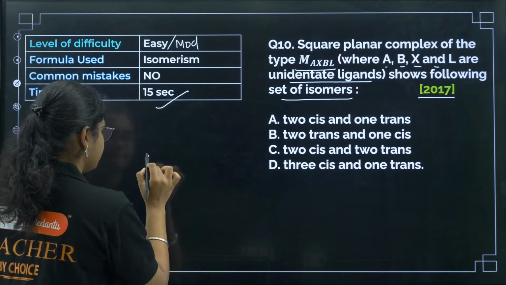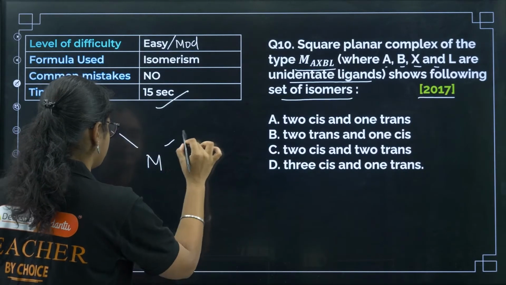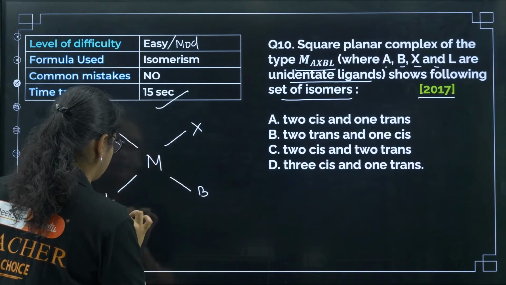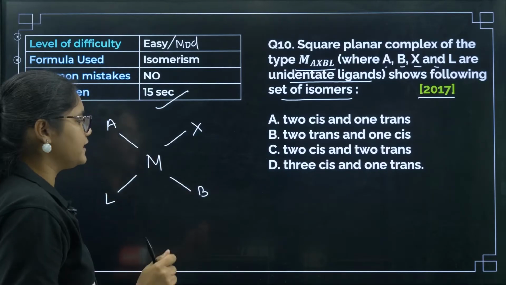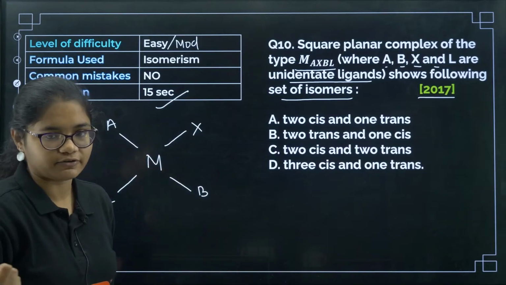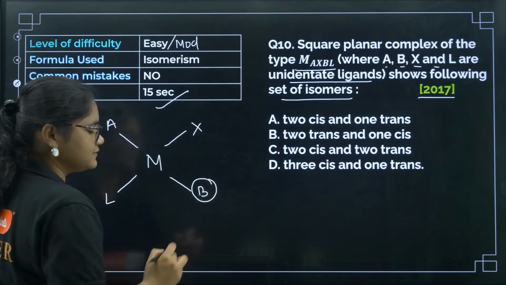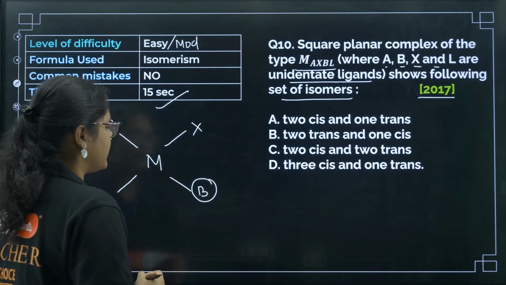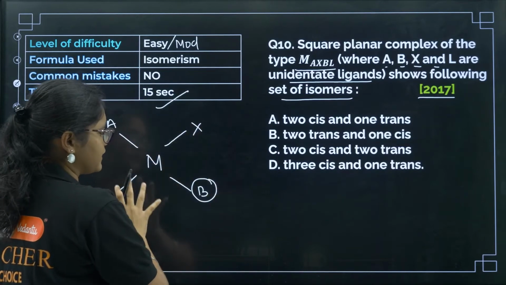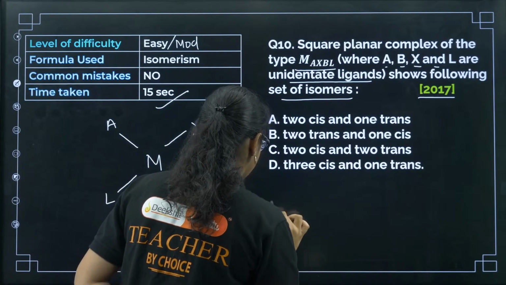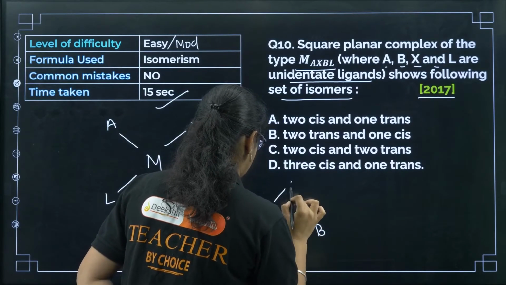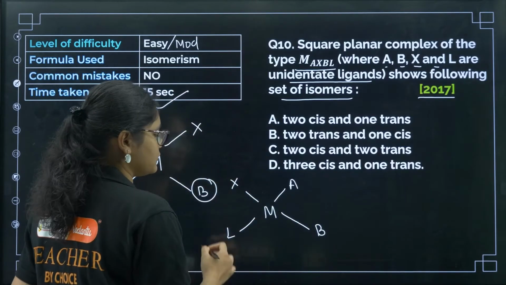Okay, we have M, a square planar complex, right? So you have A, X, B and L. That means we need to think that any one of these will be of one type and another will be of a different type. So A and B I have kept trans here, right? That is possible. So this is one trans geometry. Next, what we can do, we can have X and B as trans, and this is one possible.